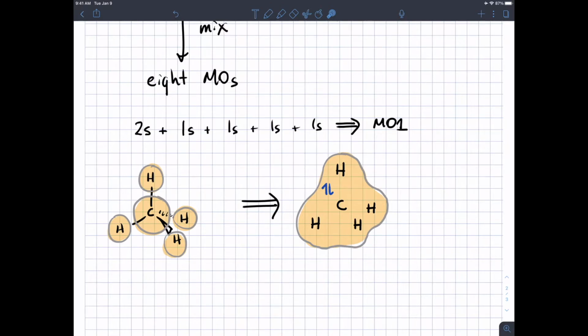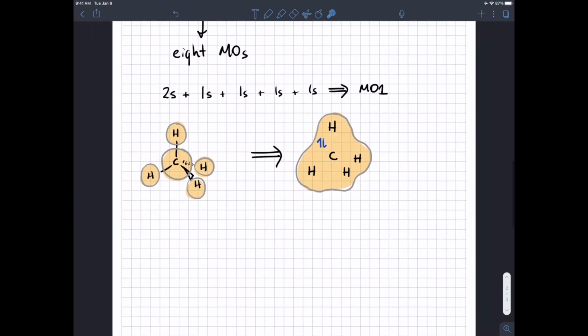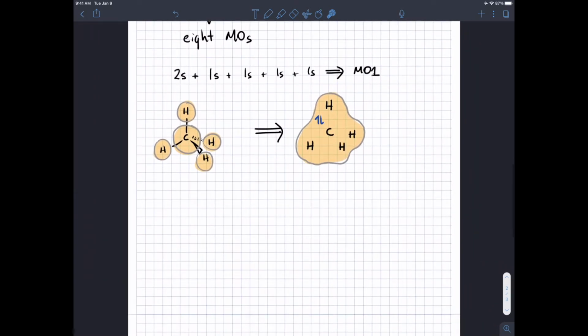They're only oriented in different directions, kind of like the 2px and the 2py and the 2pz look the same. They're just oriented in different directions. All right. So what we'll show you next is how you can account for bonding. This will show you how MO theory deals with bonding in methane without having to do orbital hybridization at all.